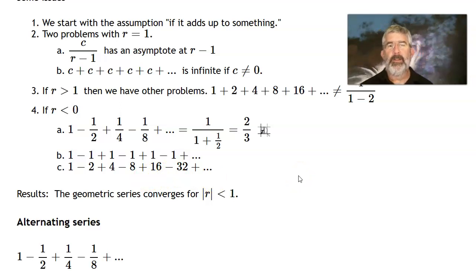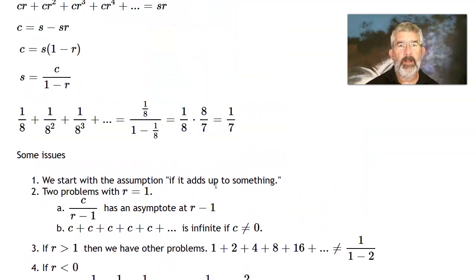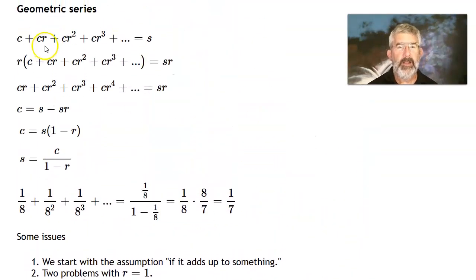The net result is that a geometric series converges when the absolute value of r is less than 1. So for small r's close to 0, you get these things. And actually, when you think about it, with r less than 1, each term is getting smaller than the previous term, because you're multiplying by r each time.